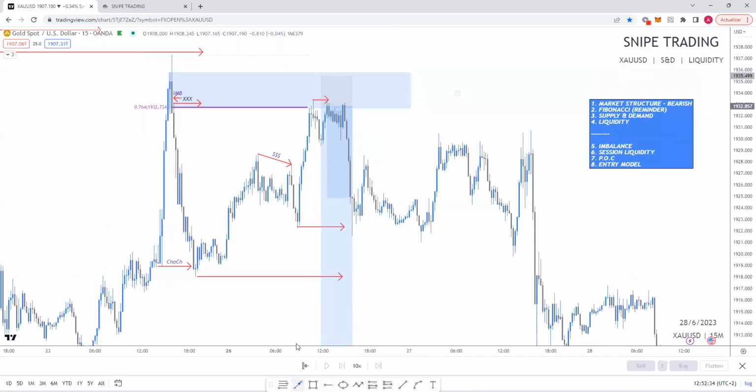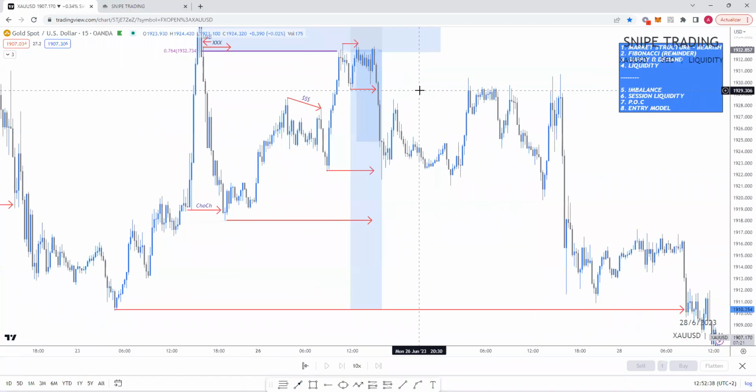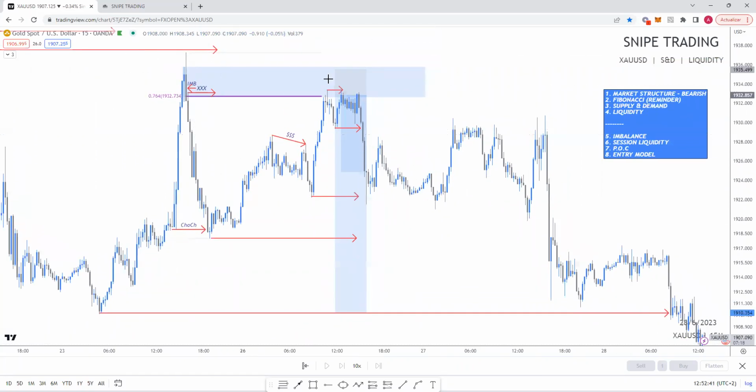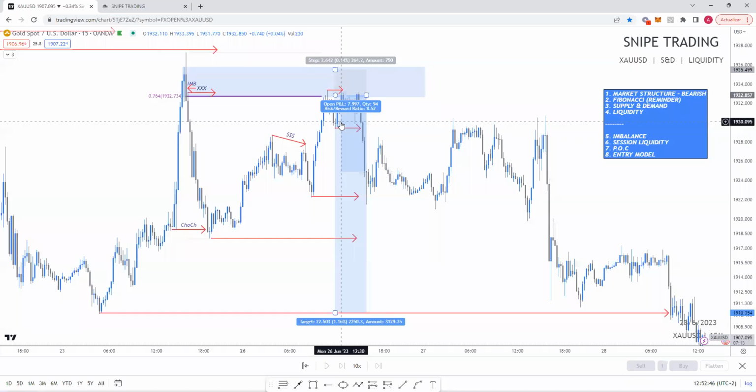Okay, and then just keep on targeting liquidity, the takeout of liquidity. But for me personally, for my targets, I just combine risk to reward and liquidity and market structure and how price has reacted to the zone and so on. Okay, that's what works the best for me.